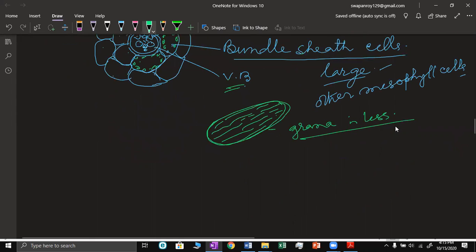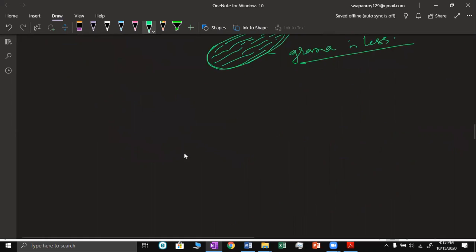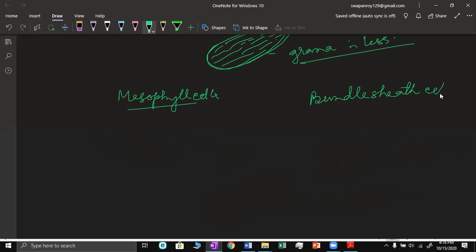So in this leaf we have two types of cells: mesophyll cells and bundle sheath cells.